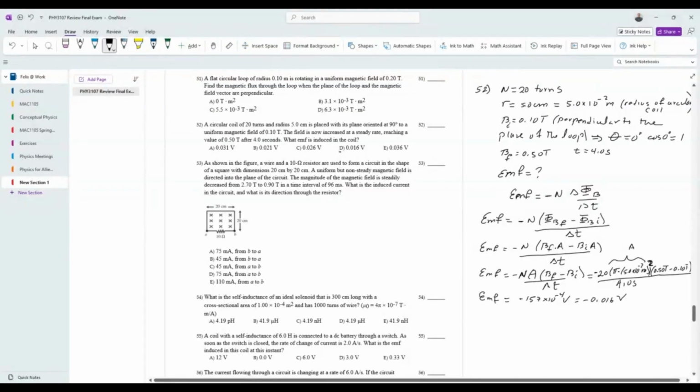So I can just pick positive 0.016 volts, because remember that the minus is only because this induced electromotive force opposes whatever change has occurred. In this case, the change was an increase in the intensity or the strength of the magnetic field.